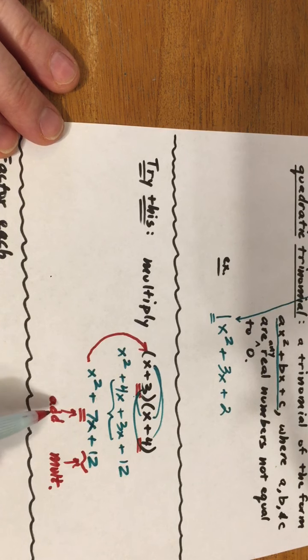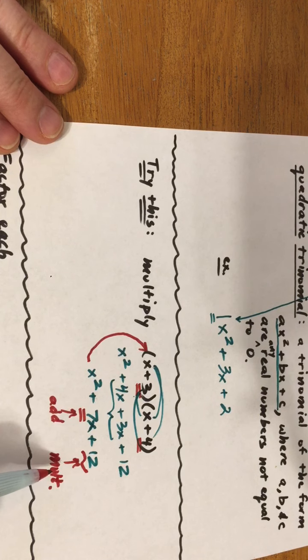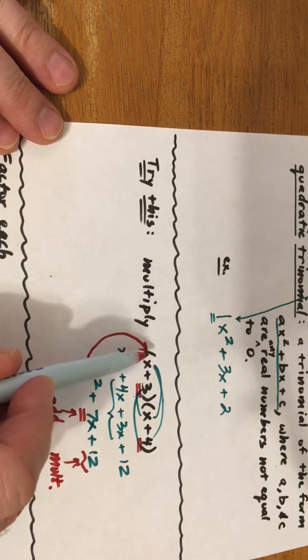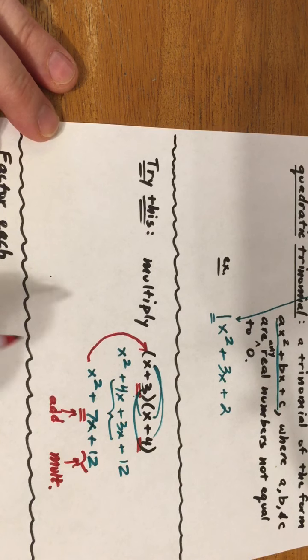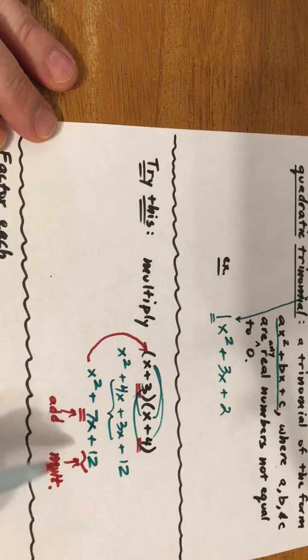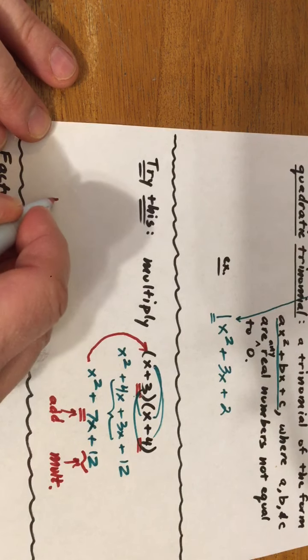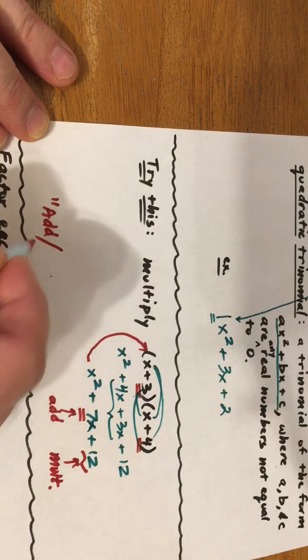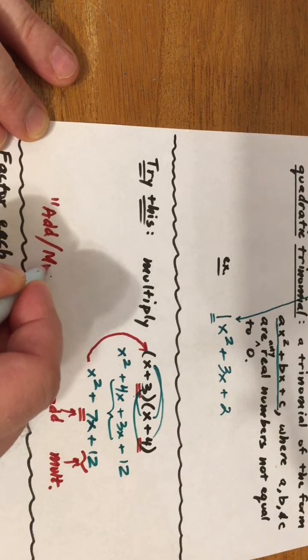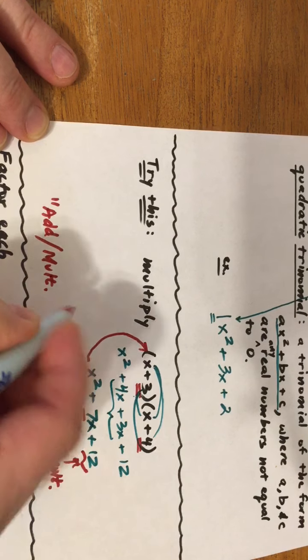Now, this idea of add and multiply is exactly what we need to do backwards to do our problems today. And so to do our problems, what I do is I call this simply the add multiply method. And I'm going to refer to this a lot, the add/multiply method.